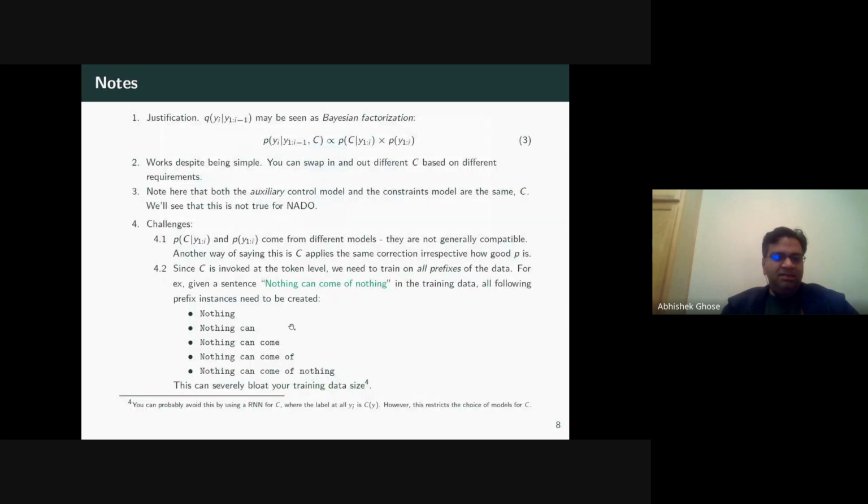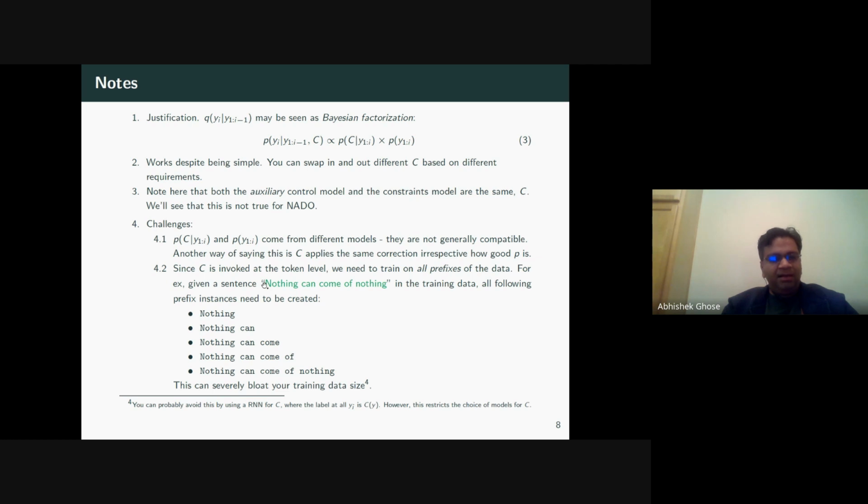What this means is that if your training data has full sentences as its input, right, let's say this is the Shakespeare's plays data set, and this is a quote from Shakespeare: nothing can come of nothing, right? You cannot actually train a very reliable C just on this sentence, because you are going to invoke C to classify the first two words, classify the first three words, classify the first four words, etc., right?